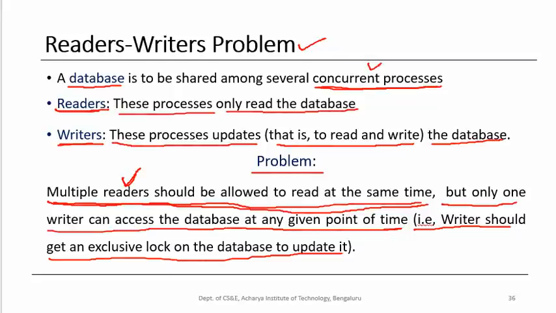So the problem is to allow n number of readers to read from the database, but when some writer is trying to write to the database, no reader is allowed and no other writer is allowed. Okay, and multiple writers cannot access the database for updation at the same time. These are the problems, and let's see how this problem can be solved with the help of semaphore.